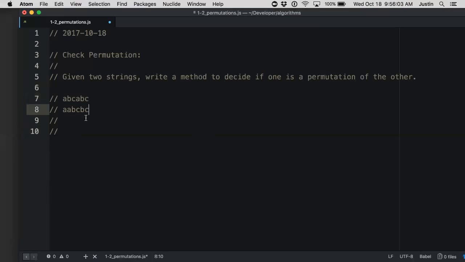A permutation of this string will be of the same length and have the same characters, but in different orders. So what I'm thinking is we sort both of the strings and compare them. If it's the same string when we sort it, then it's a permutation. If they're not equal after we sort, it's not a permutation. Does that sound like a good attack? Yeah. Okay.